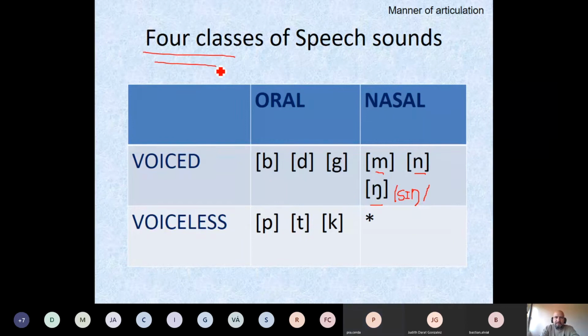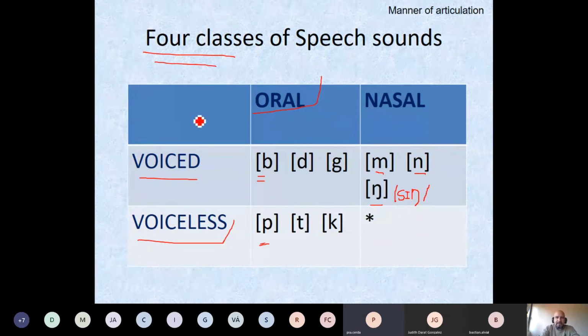In terms of the four classes of speech sounds or sound units, we can talk about oral sounds or nasal sounds, and these oral sounds can be voiced, as this group of sounds here, or they can be voiceless. So, for example, B is a voiced oral consonant sound. P is a voiceless oral consonant sound.